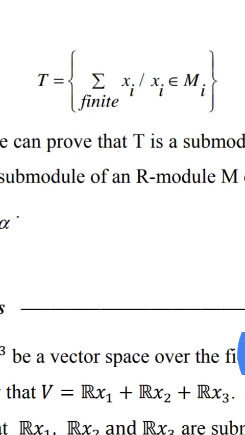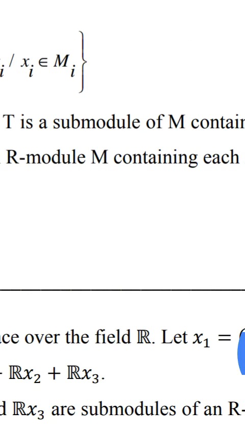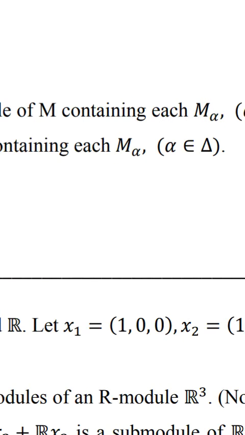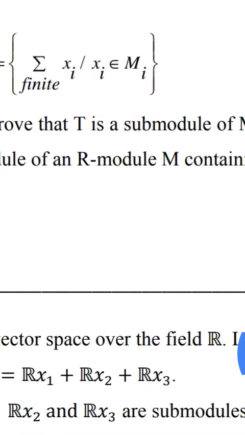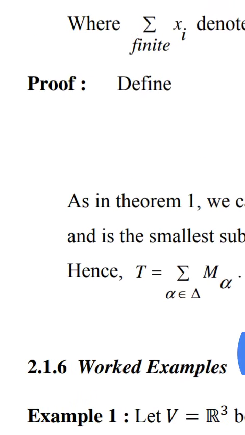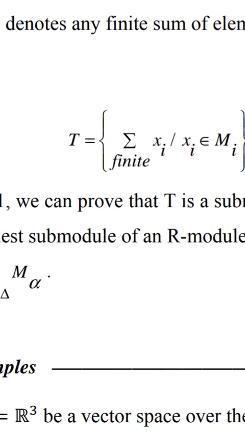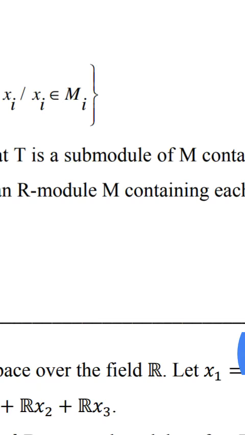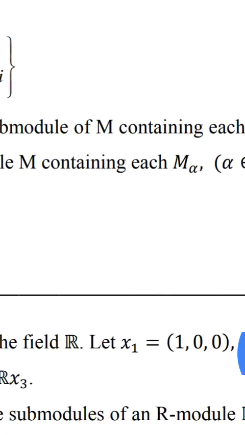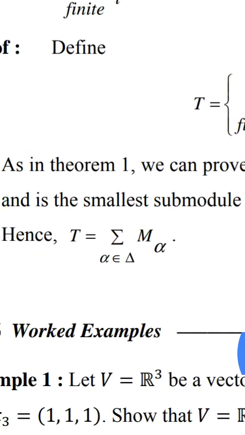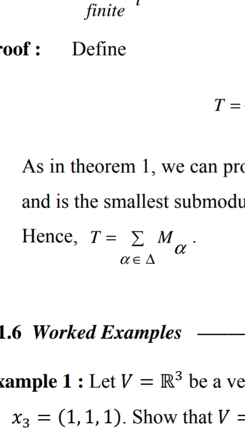As in the theorem, we can prove that T is a submodule of M containing each M alpha, where alpha belongs to delta, and is the smallest submodule of an R module M containing each M alpha. Hence, T is equal to summation of M alpha, alpha belongs to delta.